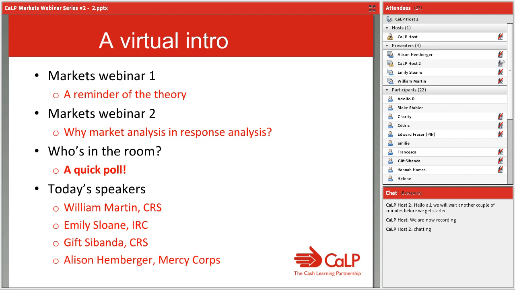The reason we're focusing on response analysis, just so that everyone's on the same page: response analysis is using evidence to make decisions about what type of response to implement, and it includes elements of appropriateness and feasibility. As you will all know, there are many different ways of conducting response analysis. It's an iterative process, but that's the overall approach.